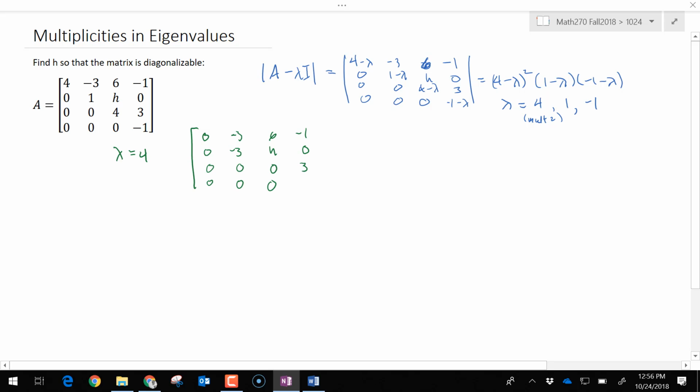Negative 1 minus 4 is negative 5. We want to find the null space for this, the solutions to the homogeneous system. There are a lot of different ways to look at it.